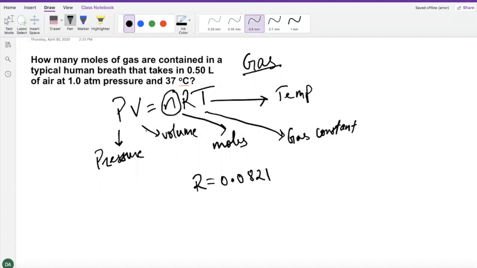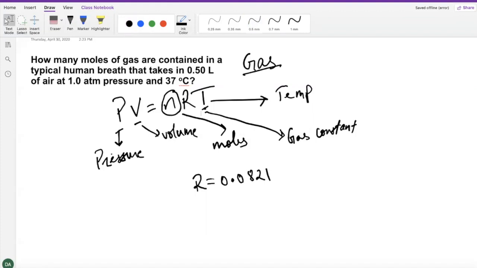That can be figured out if you know the pressure, the volume of the container, and the temperature. So pressure, volume, temperature, and moles are all connected to each other, and we use this equation for getting that connection.